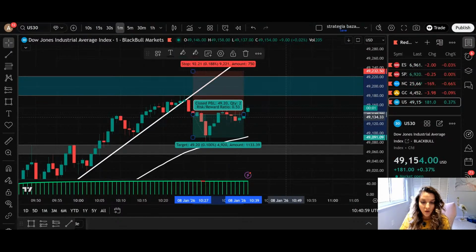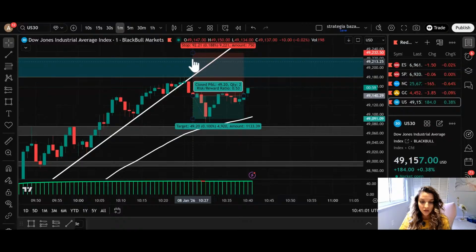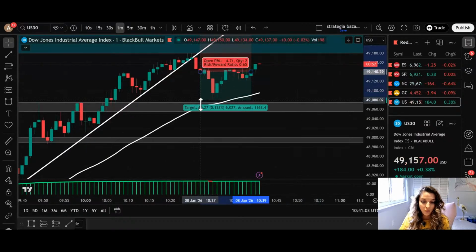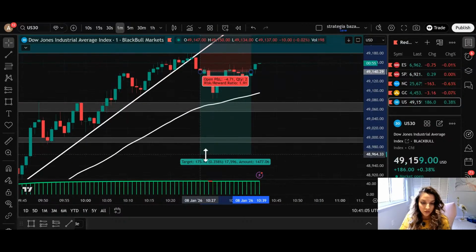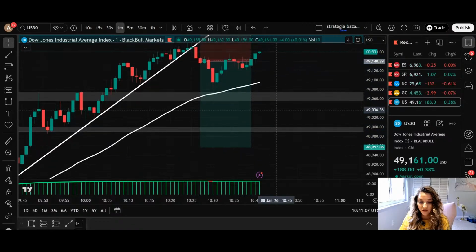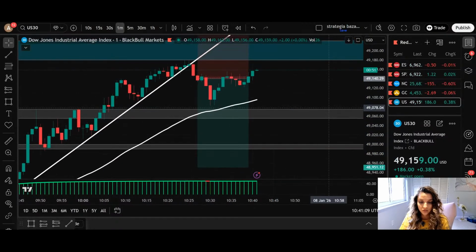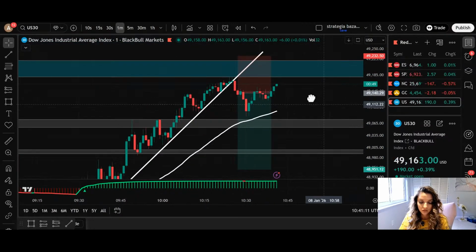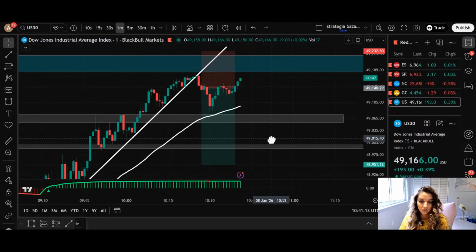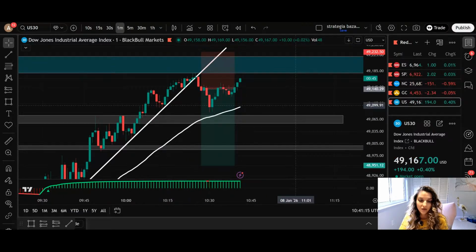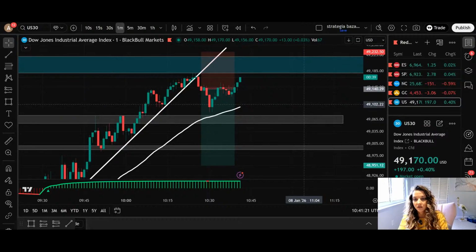So I put the stop above the zone and I want a 2. I don't know if it's going to give me a 2. It's bumbling too much. But once it crossed the EMA, I'm more sure the trend is going to continue.